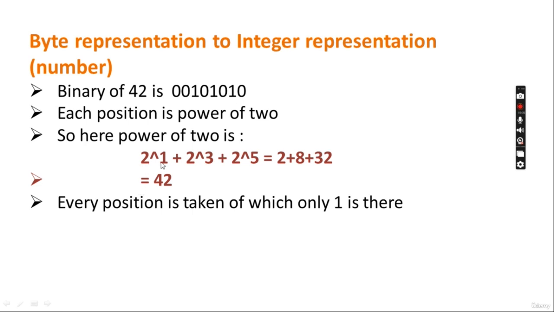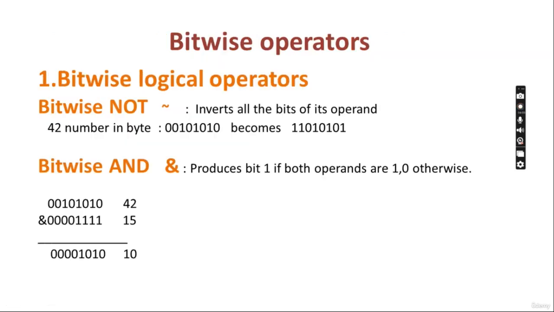So 2 raised to 1 is calculated here, plus the third position 2 raised to 3, plus 2 raised to 5. So addition is performed over here, and after addition 42 is obtained. Only the positions which have binary 1 are taken, since a 0 contributes nothing.